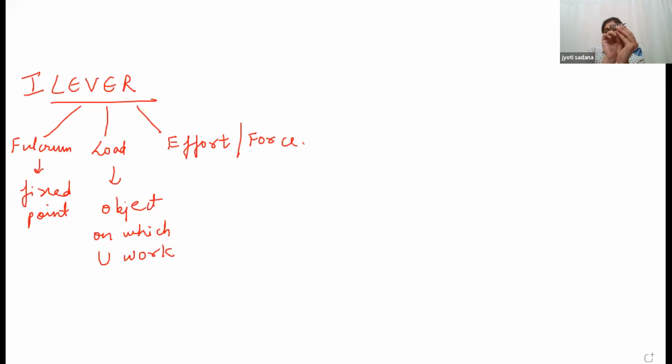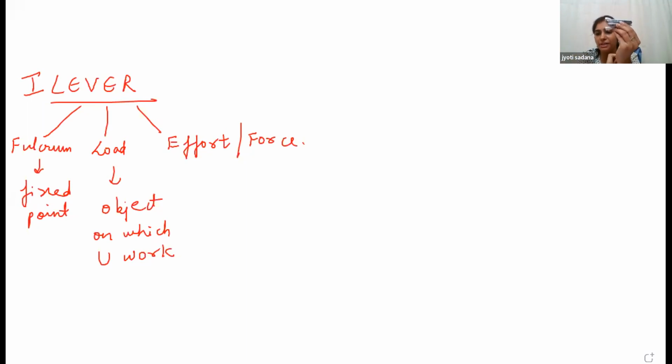Now you tell me, in the stapler, where like this I put. Okay, everyone can see. Now you tell me where is the fixed point, where will be the load, and where will be the effort. See, what words you can just use is that front, back, middle. Okay, front, back, middle.